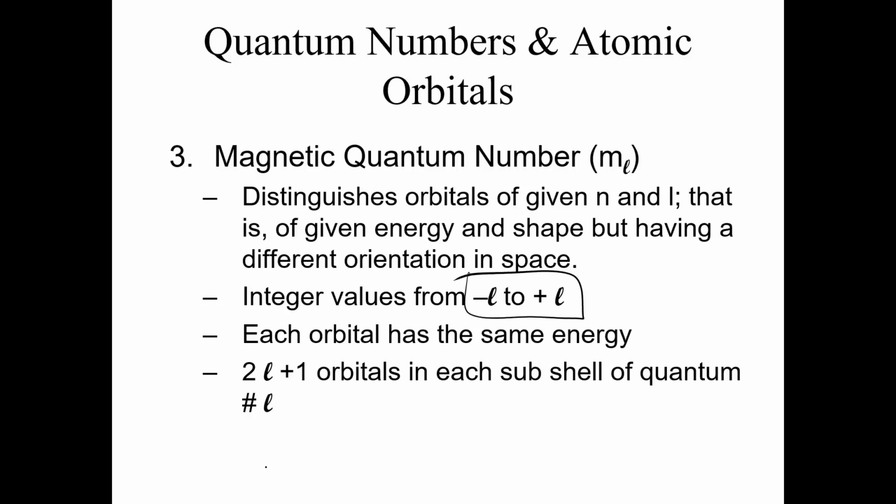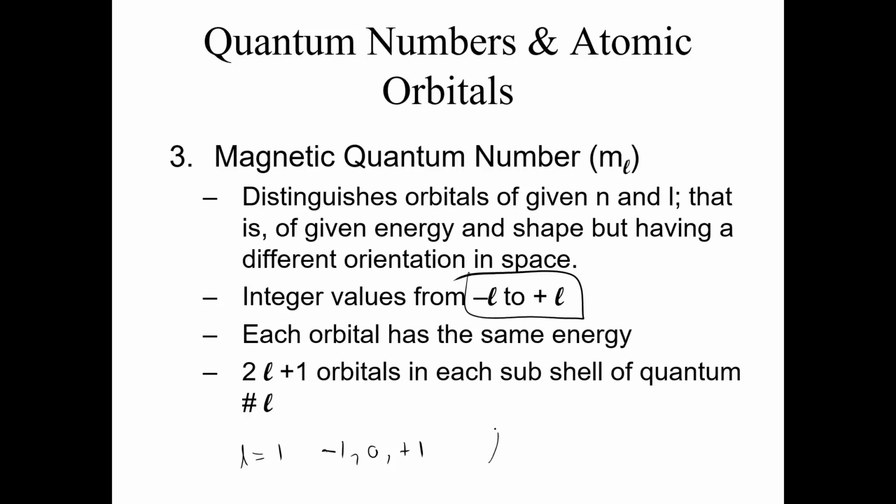So if you have a p orbital where L is equal to 1, then the 3 magnetic quantum numbers are going to be minus 1, 0, and plus 1. We don't distinguish x, y, z because we actually don't know. We just know that there are 3 different orientations.